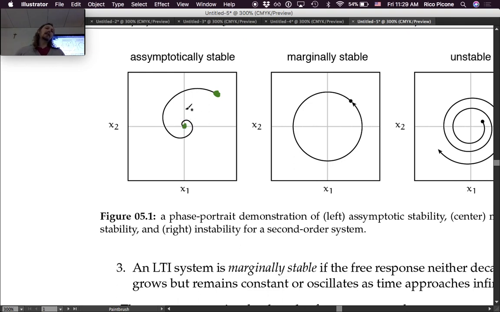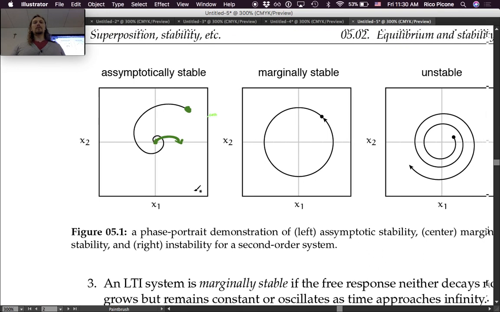If you do have a non-zero input that's steady, it moves. So it might be over here, but it'll still come back to that point. So wherever the equilibrium is, if you have an invertible A, which that system does have, you have one point, and you can move it around based on what your steady input is. Yeah. So, cool.